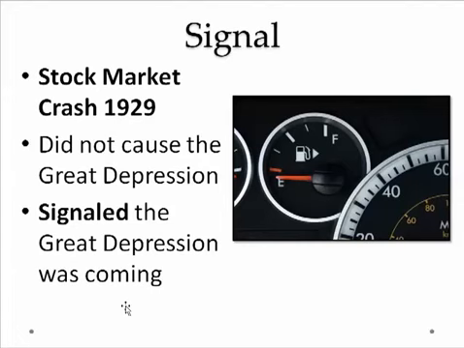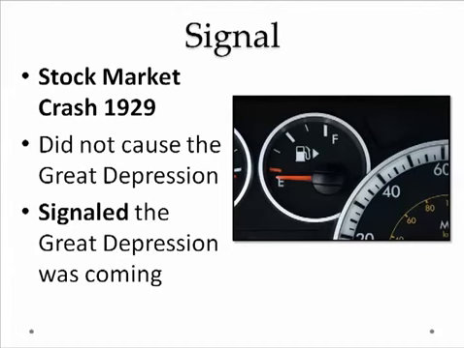The stock market crash in 1929 is much like the fuel gauge on your car. Did your fuel gauge being on empty cause your car to run out of gas? Or did it just indicate that your car was out of gas and you needed to put some in it? So the stock market crash in 1929 was just an indicator the Great Depression was here, or that it was on its way.